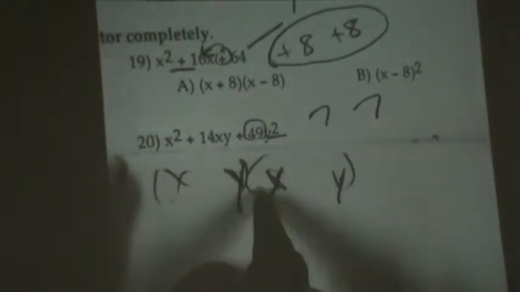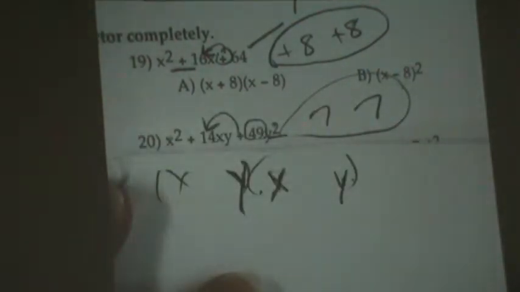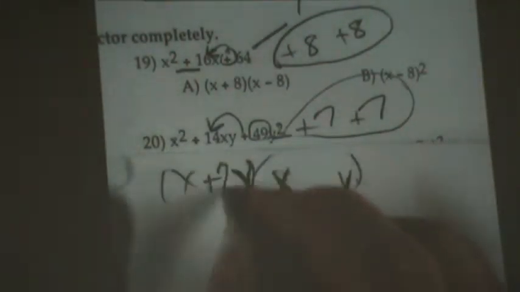X squared x times x, y squared y times y. And since we're just doing trinomial square things, this will probably be trinomial square. Do those two add to give you 14? Yes. They need a positive, right? So plus 7y plus 7y. So your answer is x plus 7y squared.